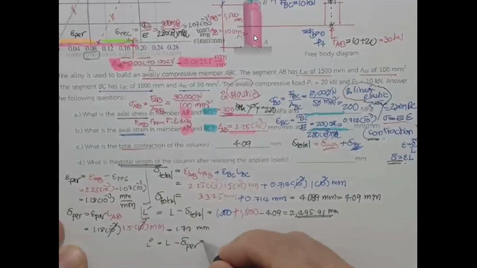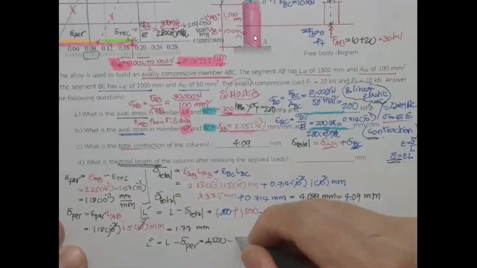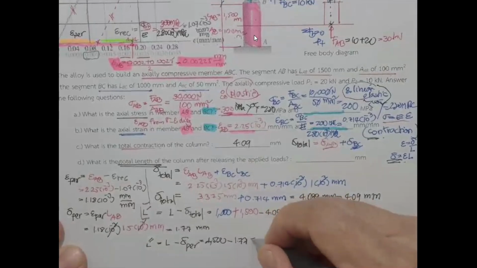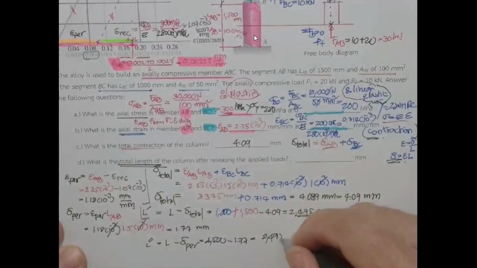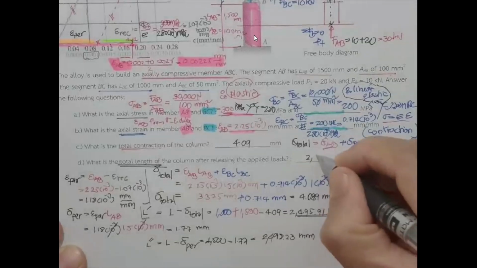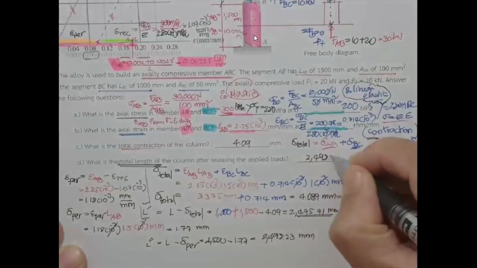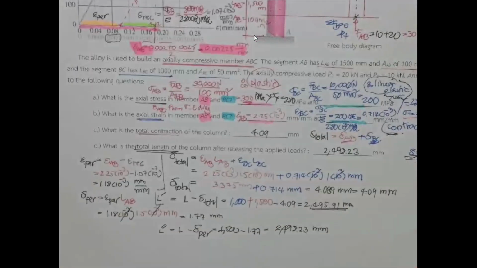Okay, that's going to be 2,500 minus 1.77, and that's going to be 2,498.23 millimeter. Okay, we finish this one, and that means we take only about 15 minutes to finish it.